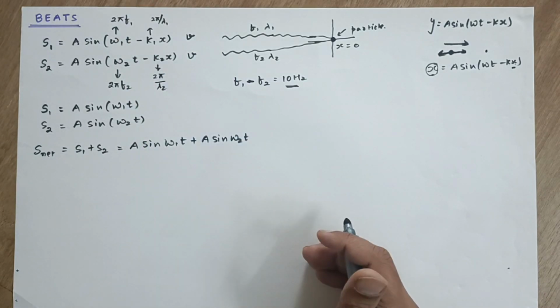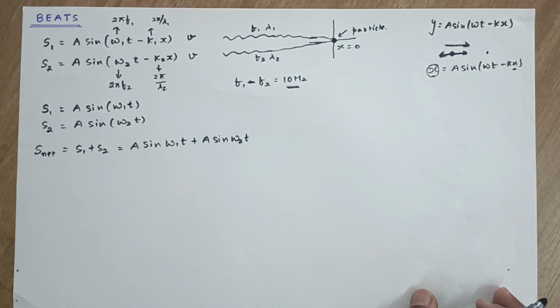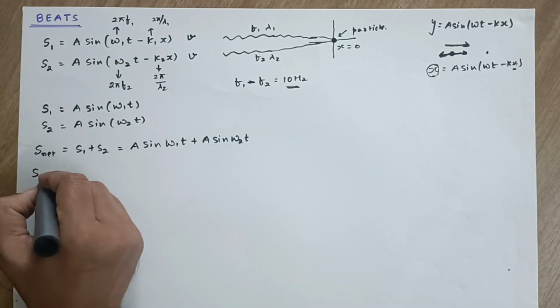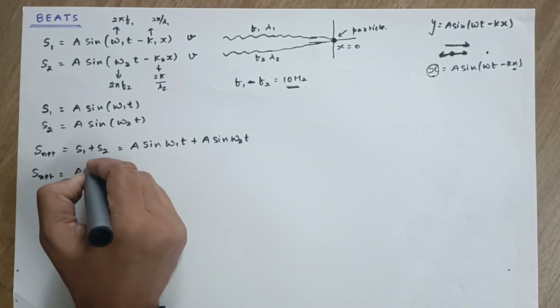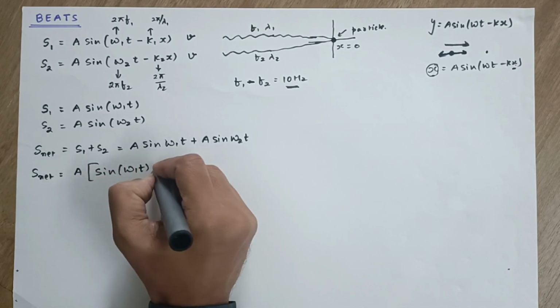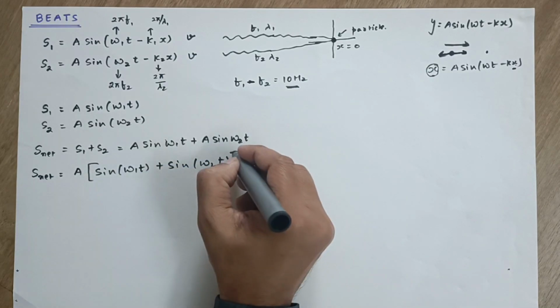For ease of derivation, we have kept the amplitude the same, right? All right. Now A comes out to be common, so s net is equal to A times sine omega 1t plus sine omega 2t.